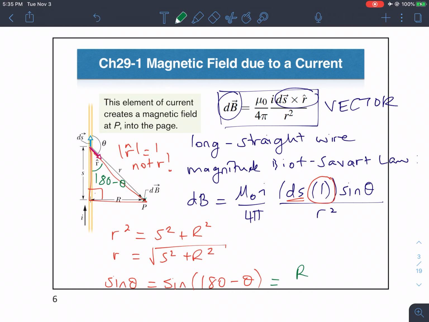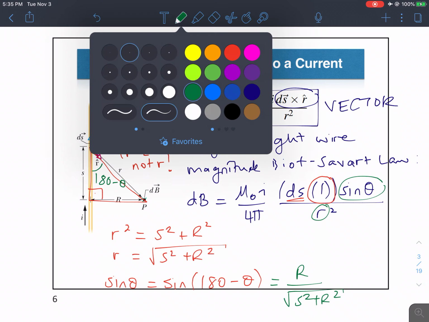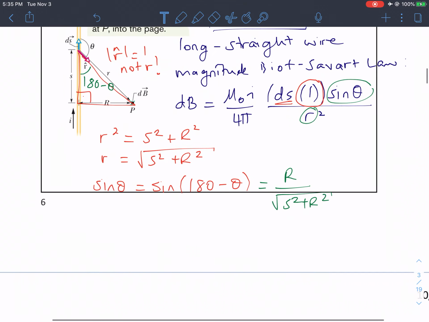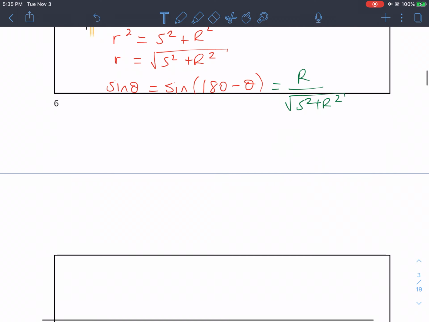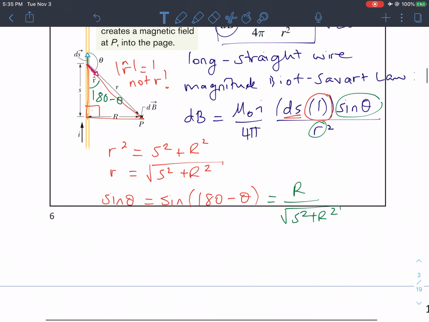It is R over little r. What is little r? It is the root of s squared plus R squared, as we just wrote above. So that is what sine theta is. Now we are going to change our r and sine theta in the equation. You have room for the next page as well, so make sure to see that.